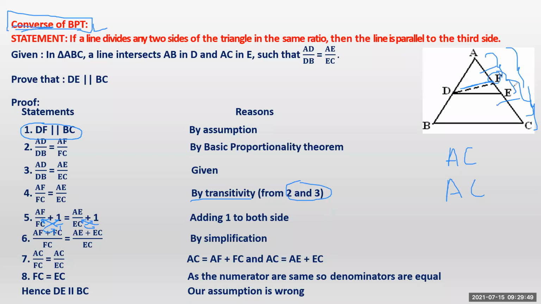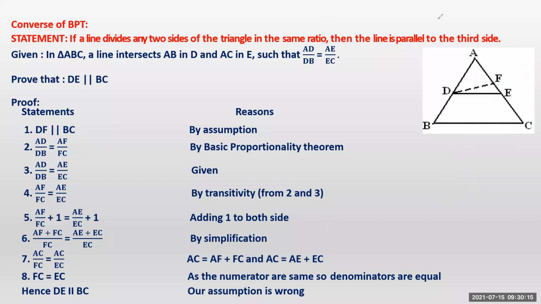Here F and E are different points. You cannot have a same line which would pass through two different points and would be parallel to the same side, that is BC. So that means our assumption is wrong. So you'll get DE parallel to BC.